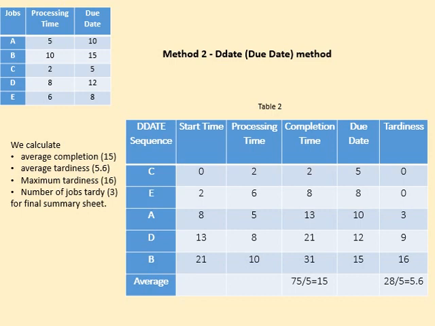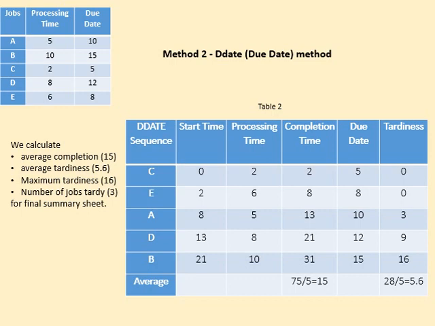Similarly, the next job A starts on the 8th day, when job E is finished, takes 5 days to process and finishes on the 13th day. Since the due date is the 10th day, the tardiness is 3 days. Similarly we assign job D and then job B.